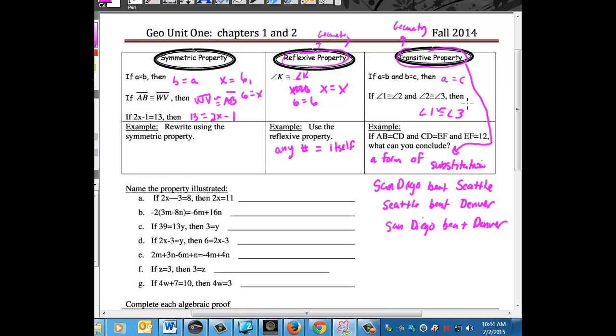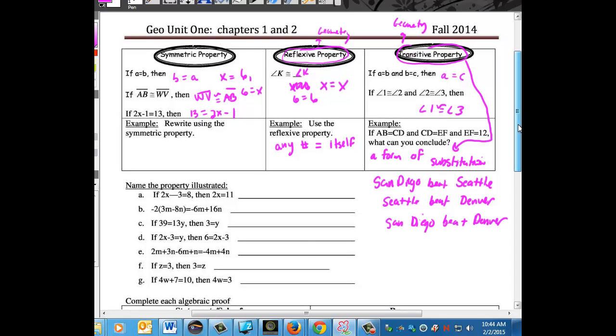And why is that, you may ask? Well, if angle 1 is equal to angle 2, and angle 2 is equal to angle 3, I substitute angle 1 so that it's equal to angle 3. So that's a form of substitution.